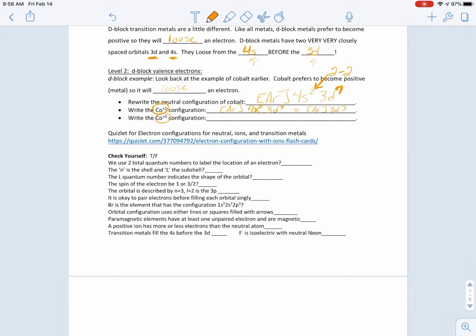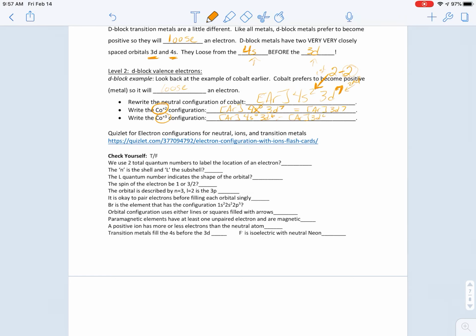For the other one, again, it comes out of the s first, and after we've run out of s electrons, that's 2 of them, then it can come out of the d. So that's the second choice, and this is the first choice. So argon 4s0 3d6. And again, you don't write the 0.